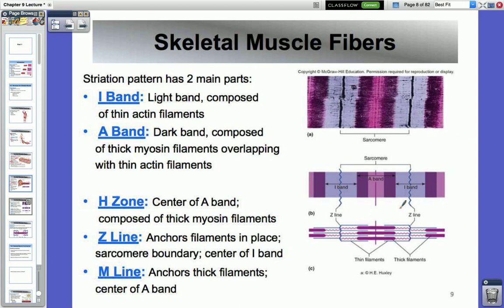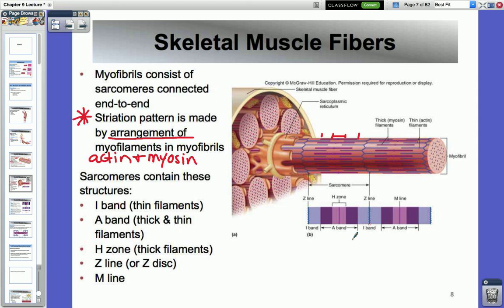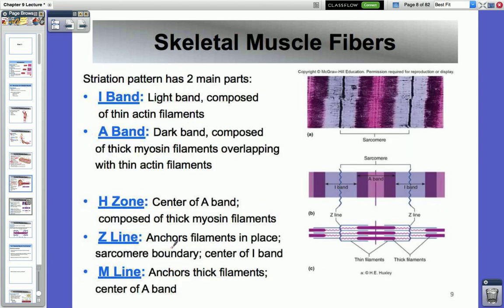Again, this is just going over the same exact things. The way that this is different from this slide is that this just has it in word form. Okay. I-band is only where we have those thin filaments only. A-band, the myosin and actin overlapping.